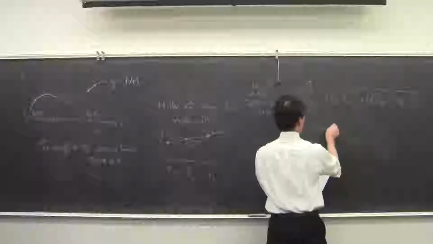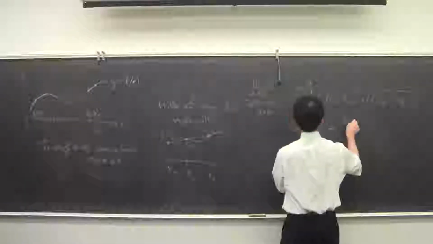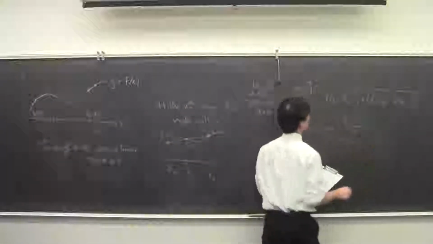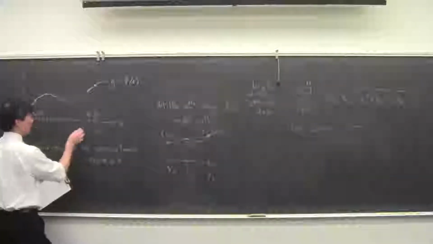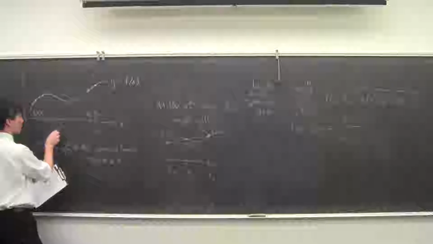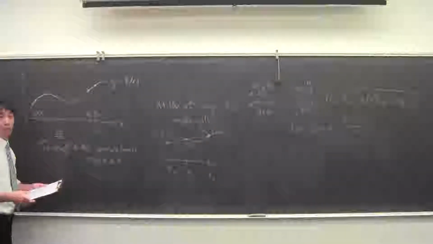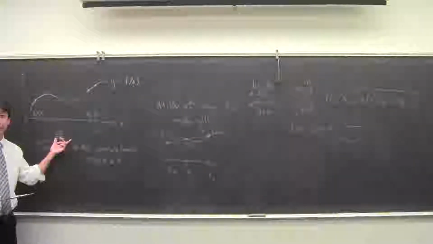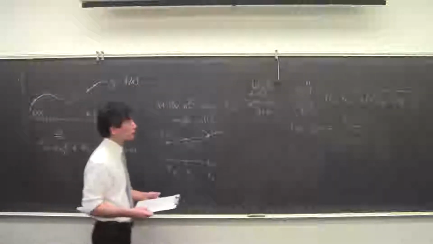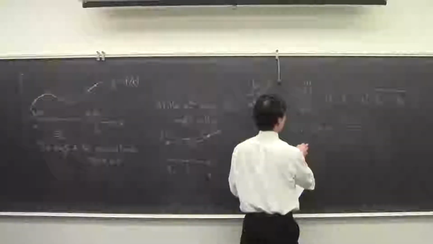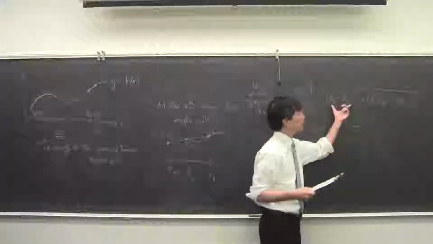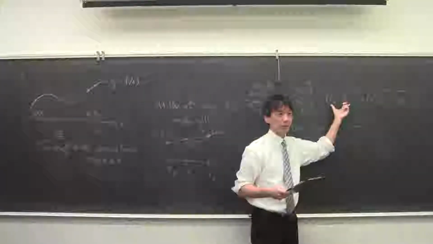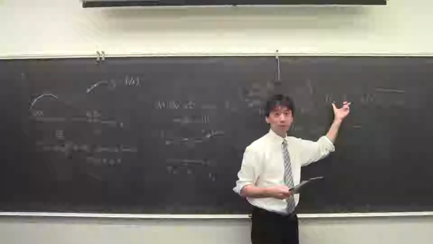Let delta x be b minus a over n. It's just the width of one of these subintervals. So for example, this thing here, x k minus x k minus 1, is delta x.